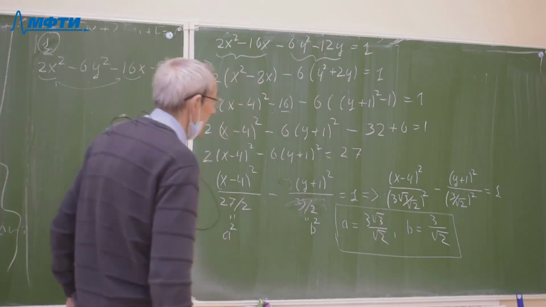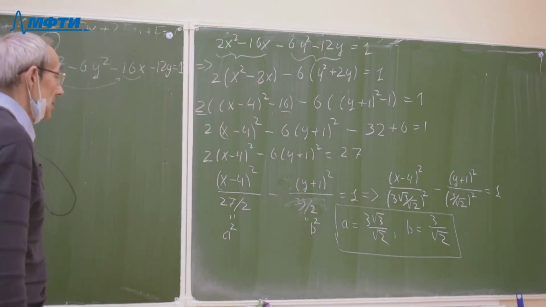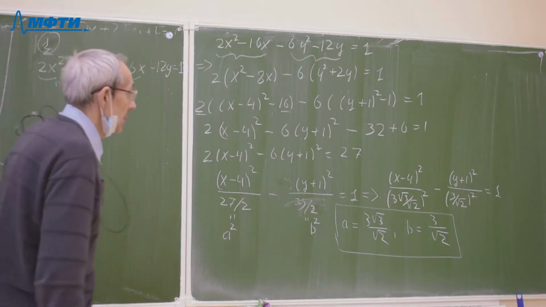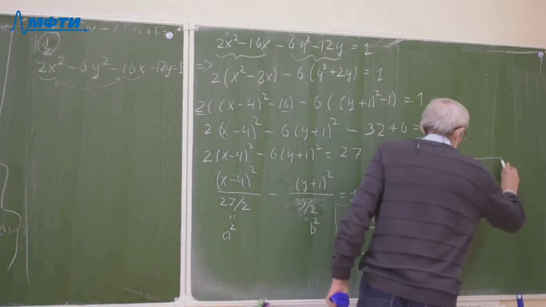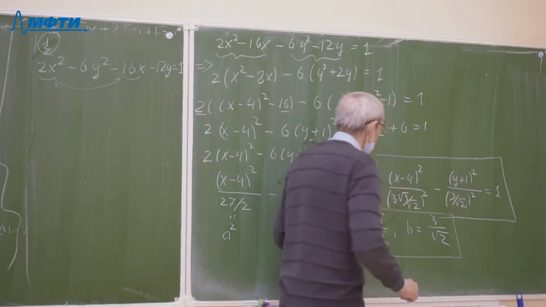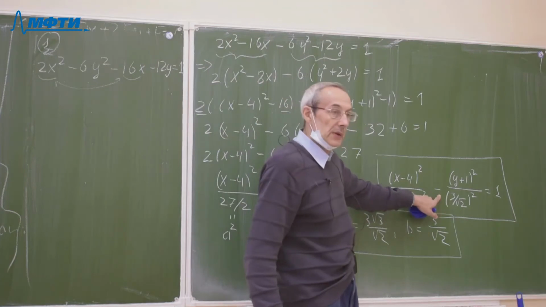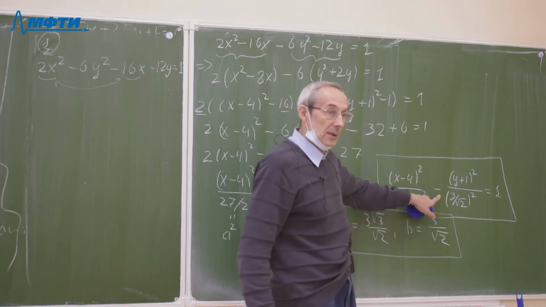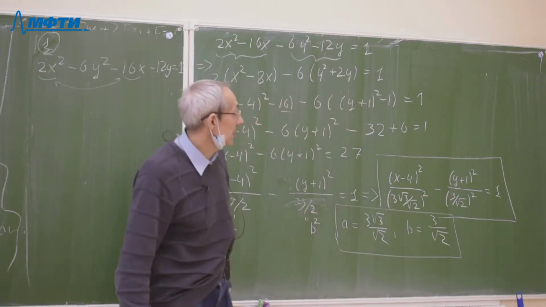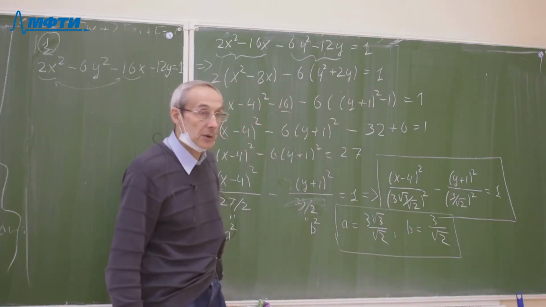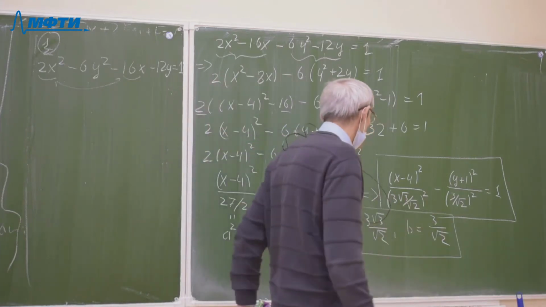After that we can substitute the other parameters. What is this curve? We have this sign minus, and we obtain that this equation is the equation of a hyperbola, sign minus.